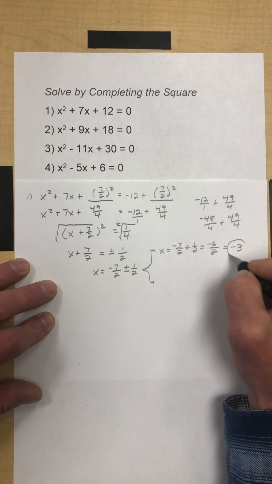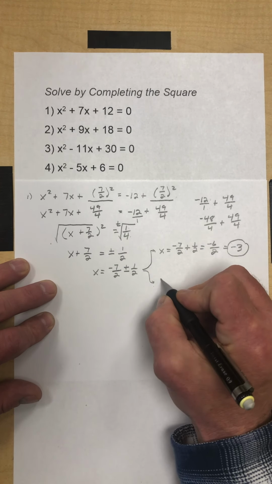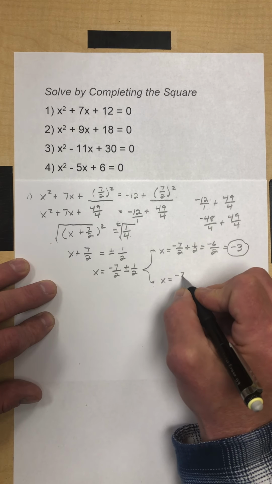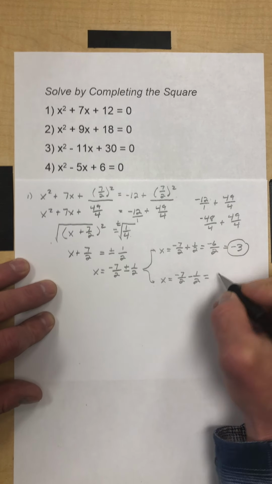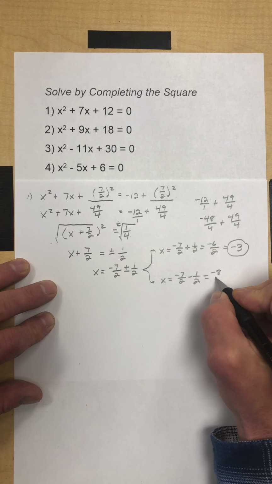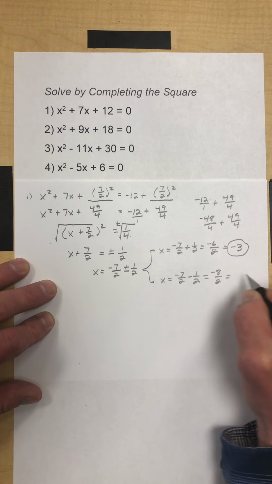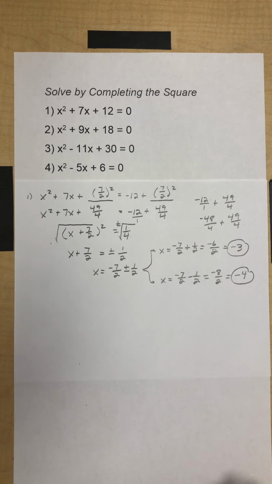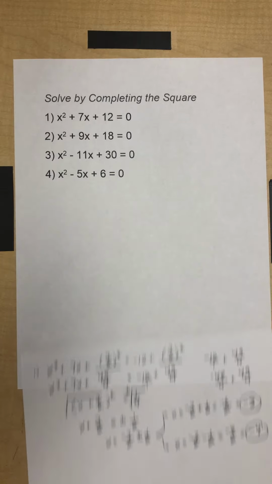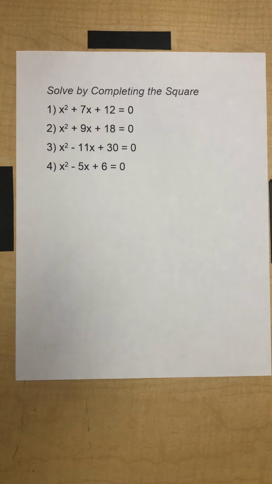So there's one solution. The other would be negative 7 halves minus 1/2, and that'll give me negative 8 halves, which is negative 4. And I get my second solution. So things worked out pretty good there. Not a big deal.